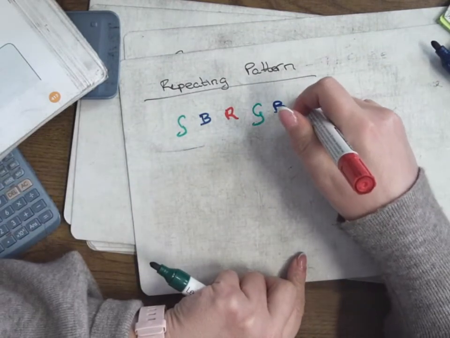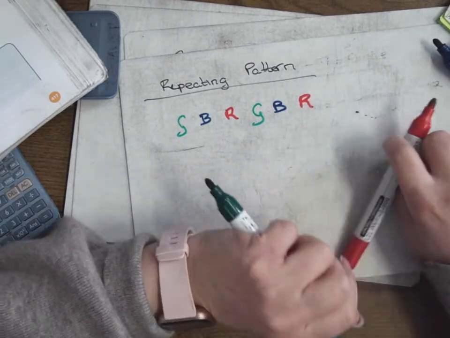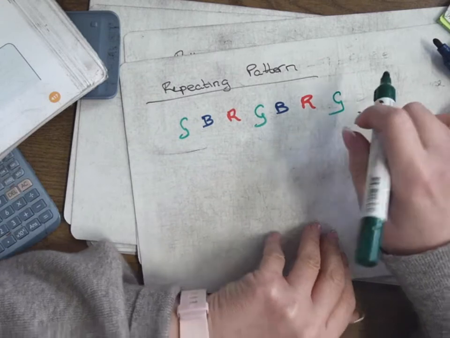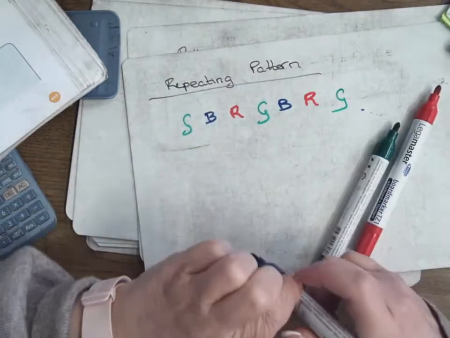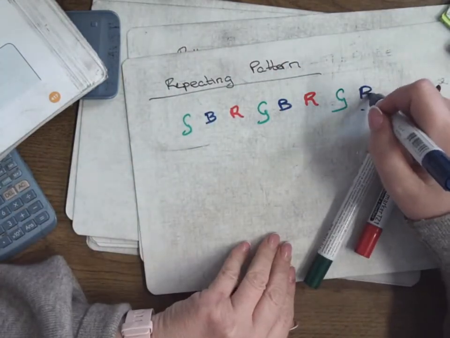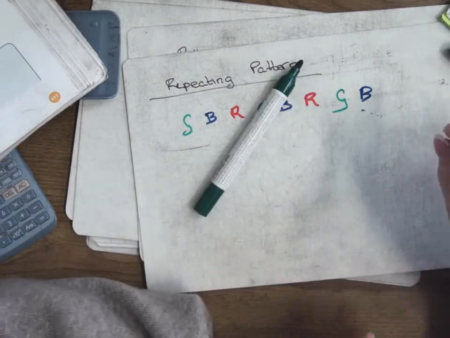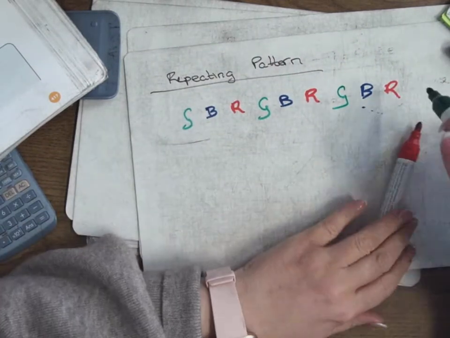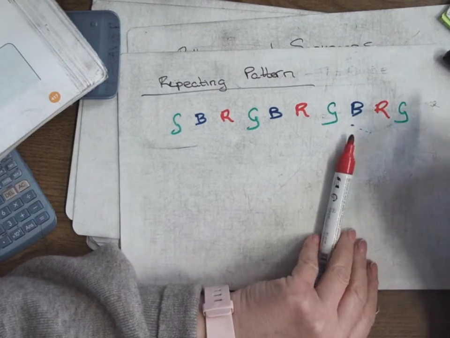You don't have to get different colour pens now, you can just write GBR. Then there's green. What do you think is next? Blue. What's next? Red. What's next? Green. And then I'll go dot, dot, dot, because I'm tired.